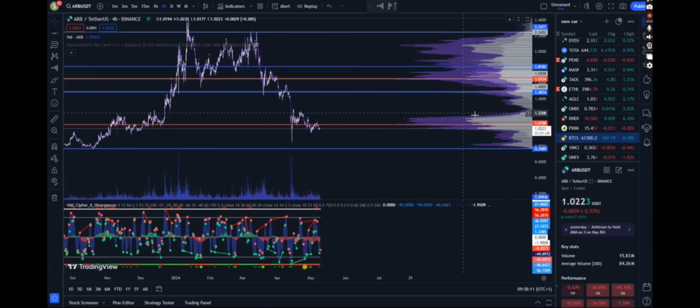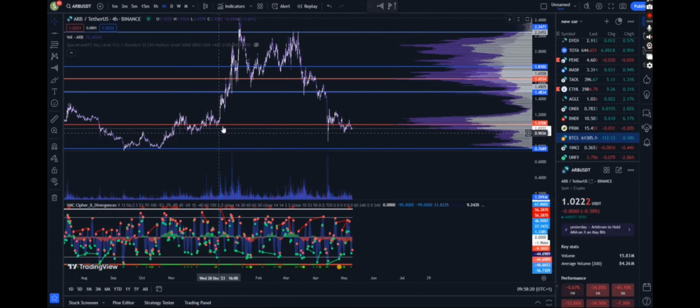And if you look at the big volume node around here, that's why we've come back into this area, because this was the previous point of control where most volume was traded.